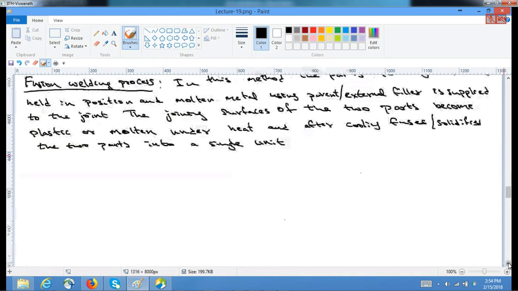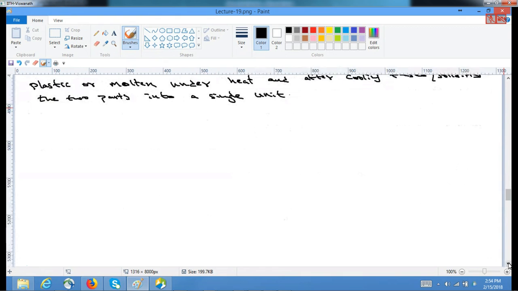Further, this fusion welding is divided into three categories.